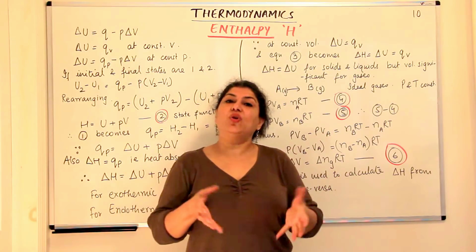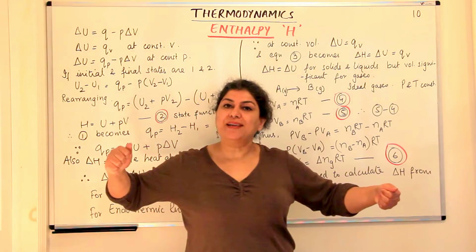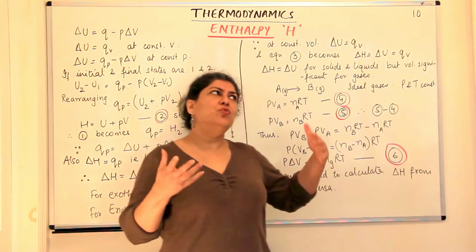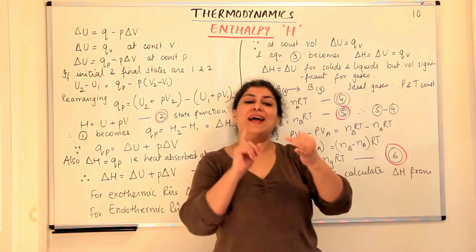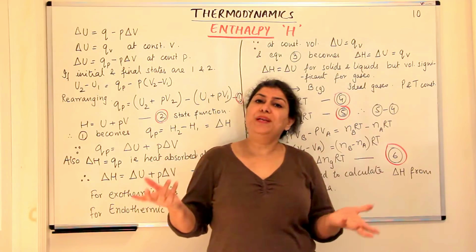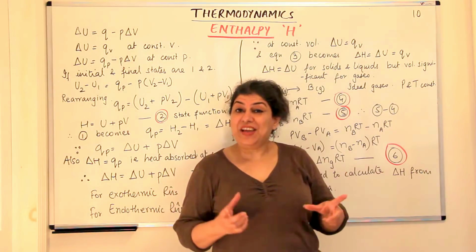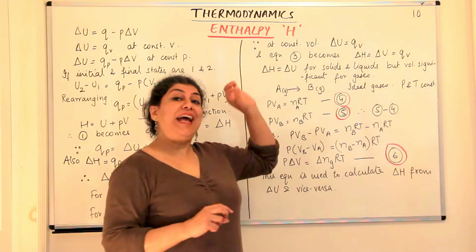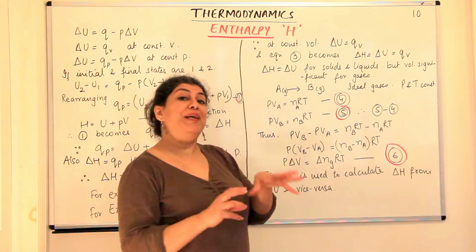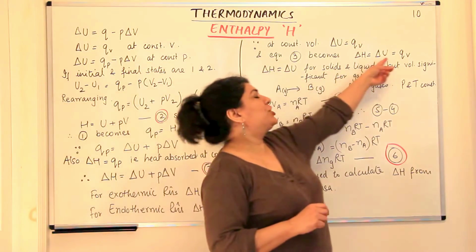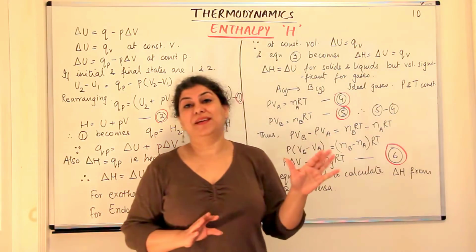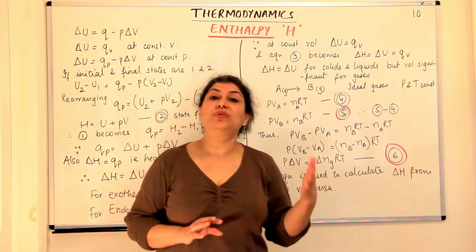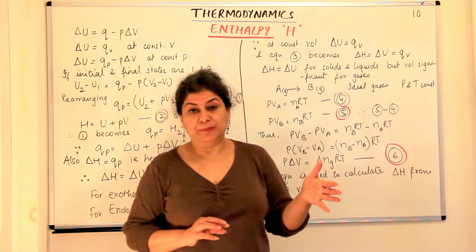And if liquids and solids cannot be compressed or expanded, their delta V in the cases of liquid and solid reactions would be 0. Therefore, for changes taking place in solids and liquids, delta H and delta U are equal to QV. They mean the same thing because there is virtually no difference in their volume.